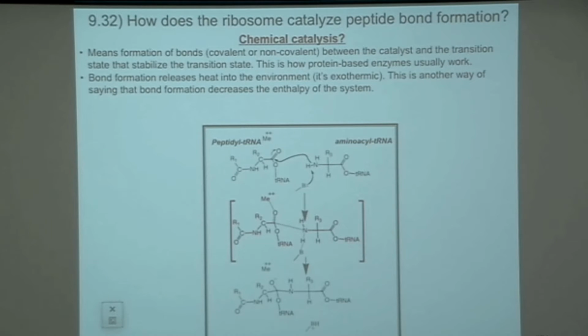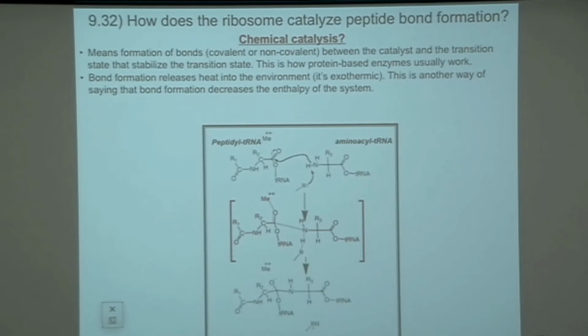One thing that I'll be coming back to that you should remember is that bond formation, whether we're talking about ionic bonds or covalent bonds, or even dipole interactions, always results in a release of heat into the environment. In other words, bond formation is exothermic.